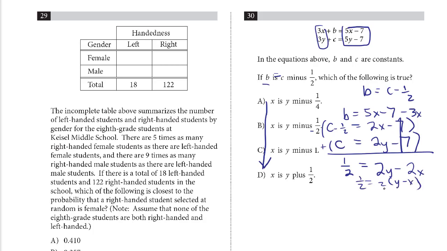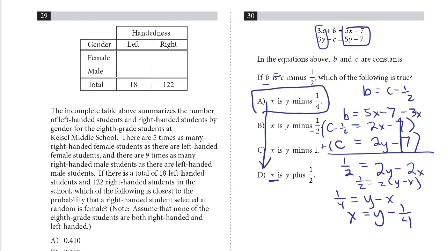I'm going to divide through by 2 on both sides. 1/4 equals y minus x. So remember, we have to solve for x here. So let's add x to both sides, and I'm going to subtract 1/4 from both sides. x equals y minus 1/4. The correct answer for x is y minus 1/4. A is the correct answer.